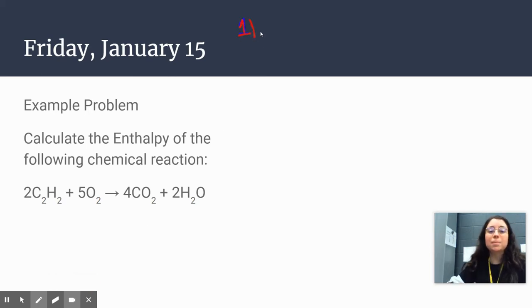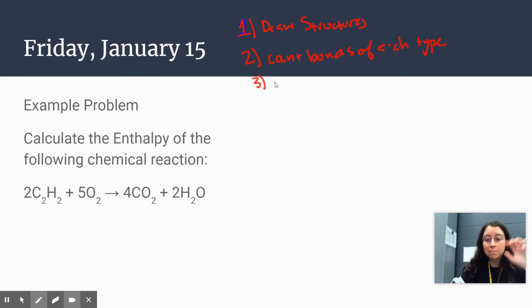Our first step is going to be draw Lewis structures for every single one of these molecules. Our second step is going to be count the number of bonds of each type. Our third step is going to be multiply the count by the bond energy it takes to form each of those bonds.